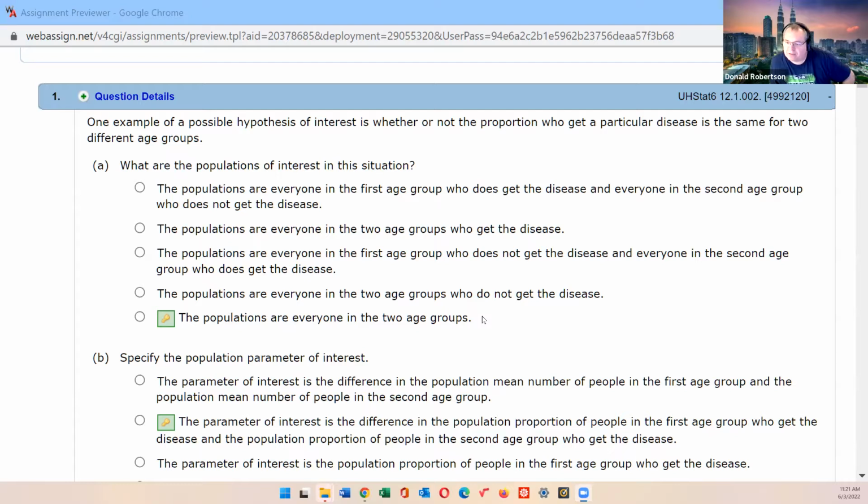If I was doing Americans, Americans spend more time watching TV than British people do. Suppose I was interested in that, and more means more than 4 hours a day or whatever. The populations would be people in America that watch TV against people in the UK who watch TV. So you get 2 populations.